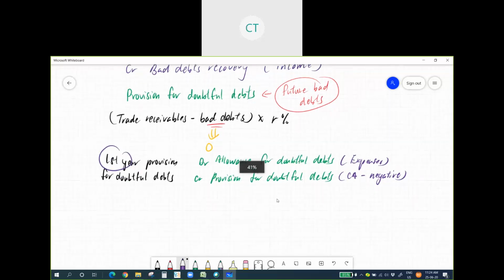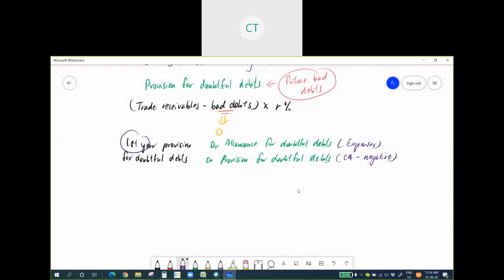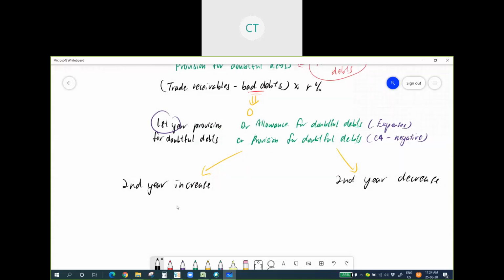And after the first year, we have some difference. We have two situations. The first situation is second year increase in the provision for doubtful debts. Another situation is second year decrease in your provision for doubtful debts. So we look at the increase. If you have an increase in the second year, the double entry will be the same as the first year.